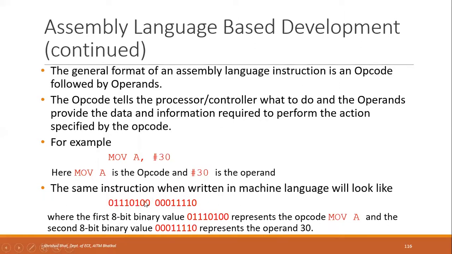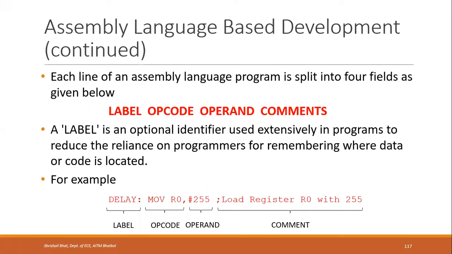For this particular thing, we have made this mnemonic as MOV A, #30. The 30 in hexadecimal is 1E, right? So it is 0 0 0 1 1 1 1 0. This is the operand.